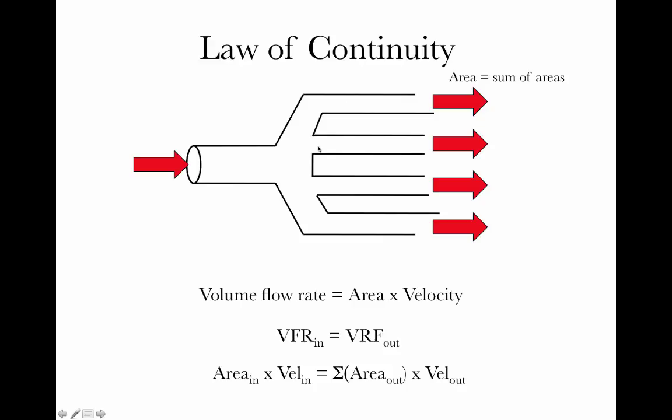If you break down into many small branches, the way we see in a circulatory system, this is going to end up having a very large combined cross-sectional area relative to the cross-sectional area of this input vessel. So this is going to have a relatively low cross-sectional area and a high velocity in these larger vessels like the arteries, and a relatively large area if you add together all the cross-sectional areas of these smaller vessels, and therefore a relatively low velocity.